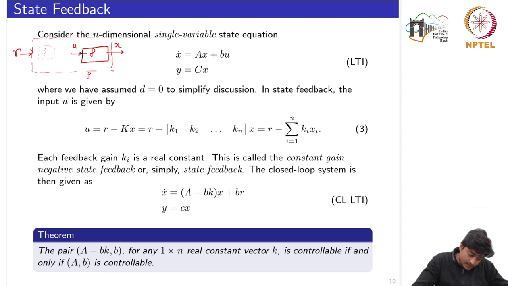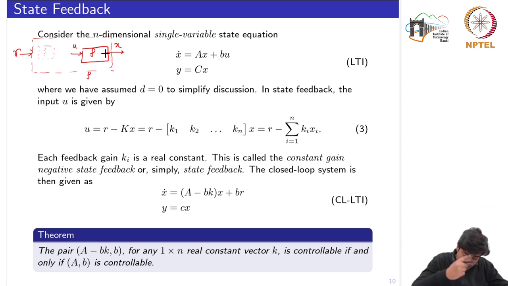See how we have computed the signal U. The U is computed by this formula R minus Kx. So if U cannot steer the trajectory of X from, let's say, X of T1 to X of T2, then R can never do so.